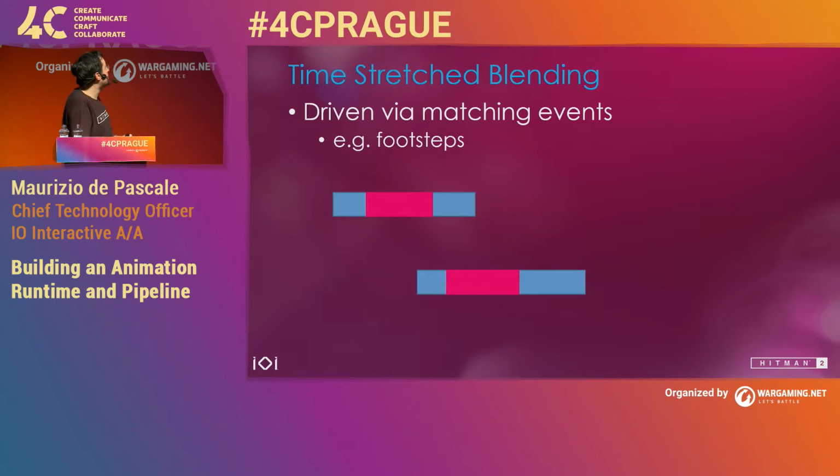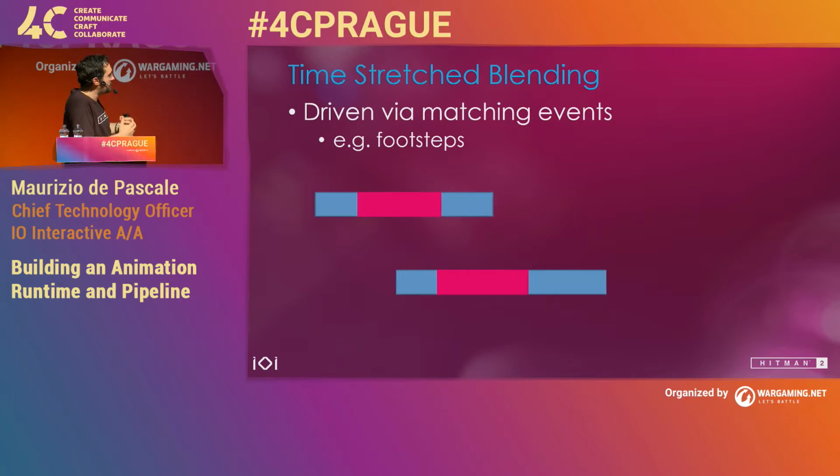To give you an idea, we will scale the delta time that is being passed downwards based on the ratio between those sections and based on the current blend weight. So what will happen in practice is that at the beginning, let's say the top animation has a weight of 1, so it's the major contributor, and the target animation will be squeezed and treated as if it was faster.